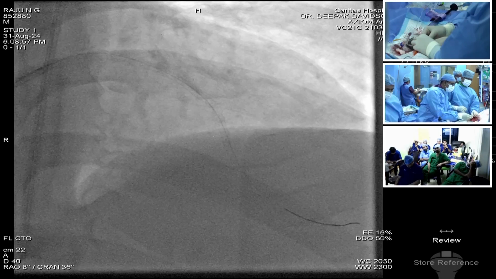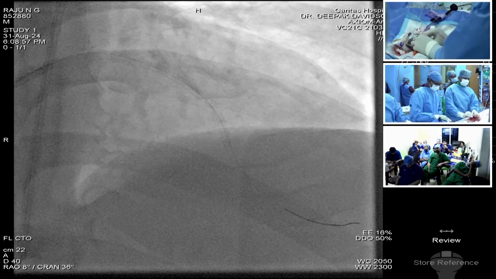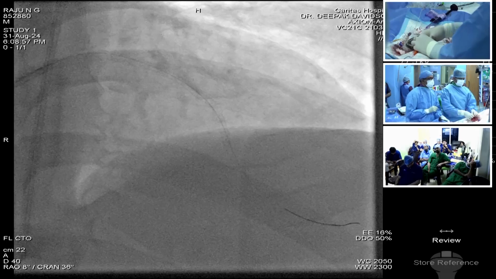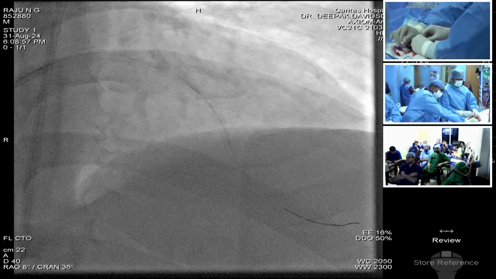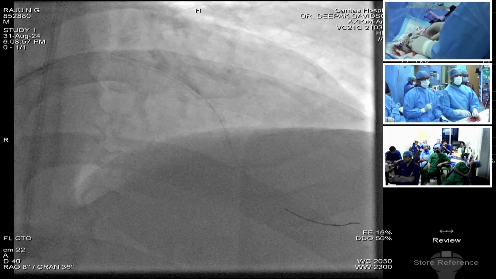So now we've taken a 3 10 for the proximal post dilatation. Saturation. Okay.